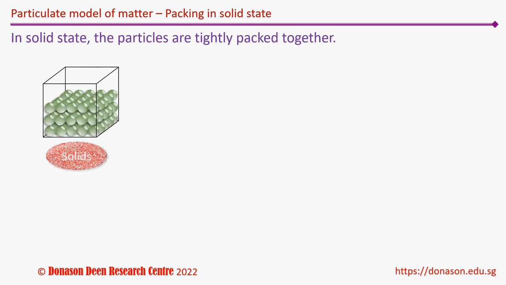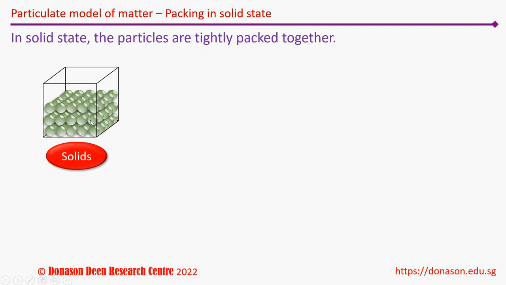Let us go a little deeper into the packing in the solid state. In solids, the particles are tightly packed together, as you can see from the diagram here. The particles are very close to one another.